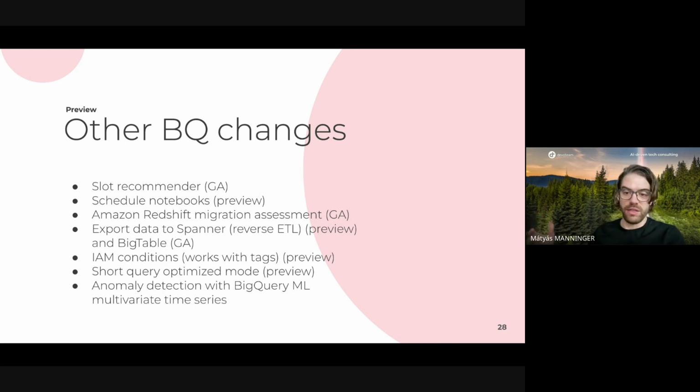So you can say that, all right, they're only able to read or write to this table for the next 1 week, or only on weekdays, or only during the night. So these kinds of IAM conditions. And these also work with tags. So you can specify that, okay, they have access to read things, but only if this tag is present, or only if this tag is not present.